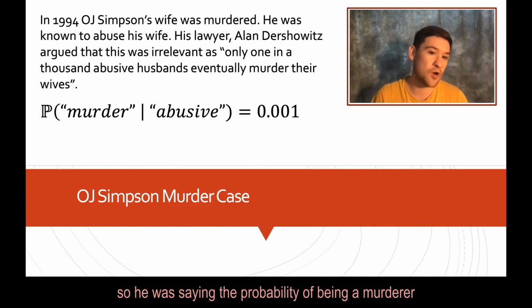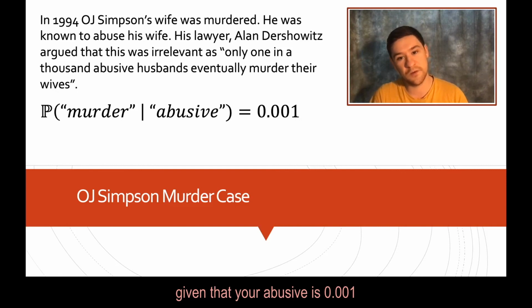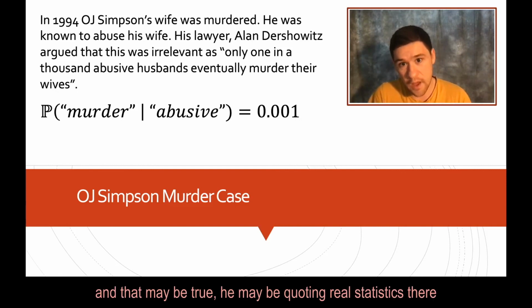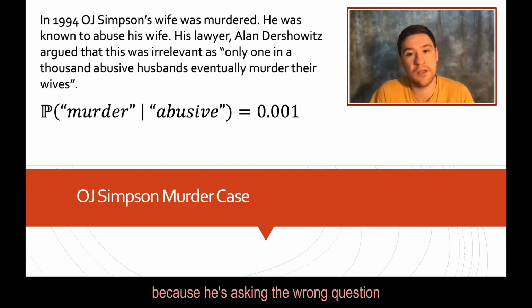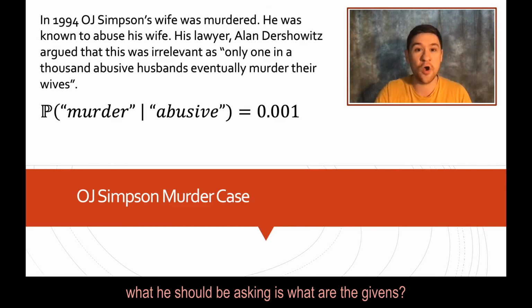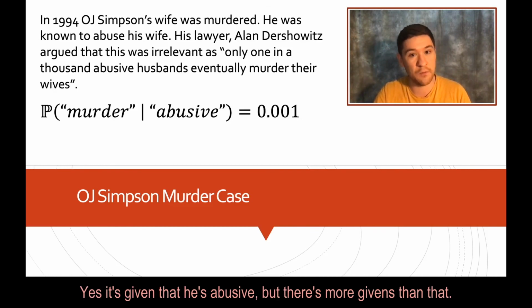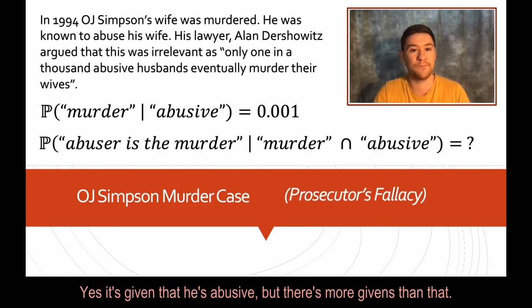So he was saying the probability of being a murderer, given that you're abusive, is 0.001. And that may be true. He may be quoting real statistics there. But that doesn't make it irrelevant to the trial because he's asking the wrong question. What he should be asking is, what are the givens? Yes, it's given that he's abusive, but there's more givens than that.